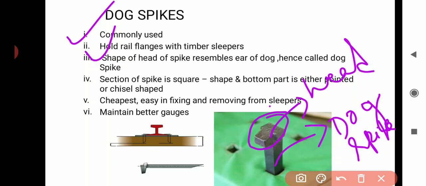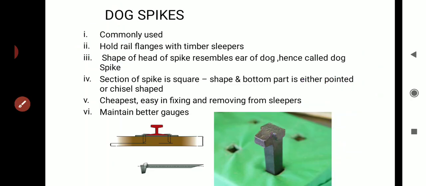The next point is the section of the spike is square. Here you can see the cross section of this spike is square, and the bottom part is either pointed or chisel shaped.